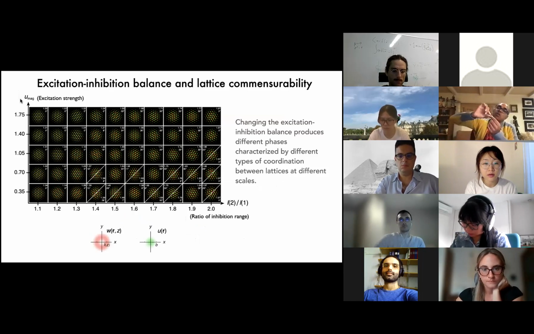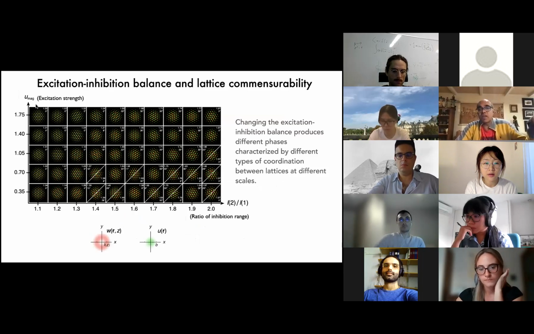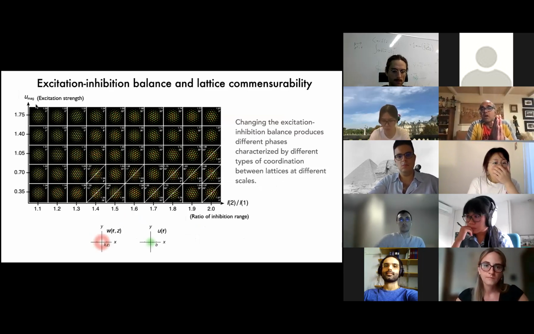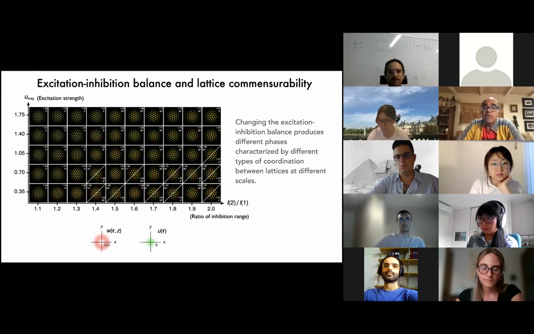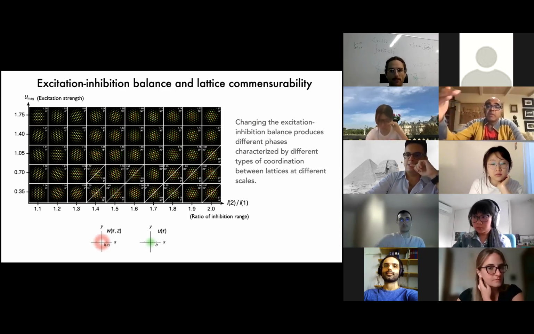So imagine that longitudinally along the entorhinal cortex, you have some excitation strength, and that horizontally, as you go along the entorhinal cortex, imagine that you have two modules here where you have L2 over L1 is the ratio of the inhibition range.